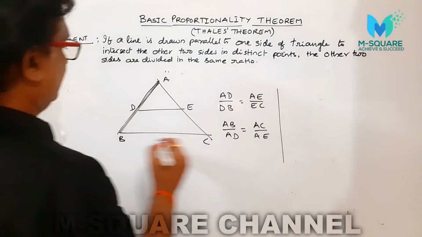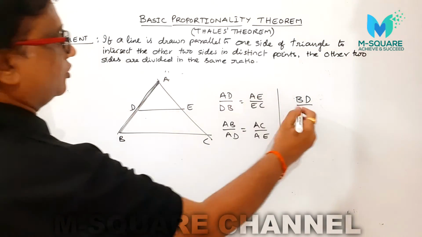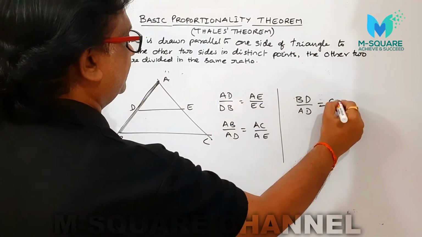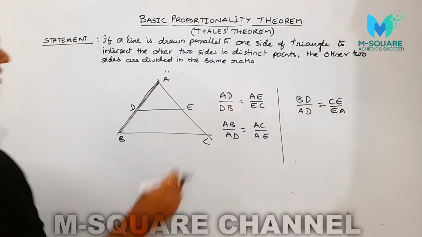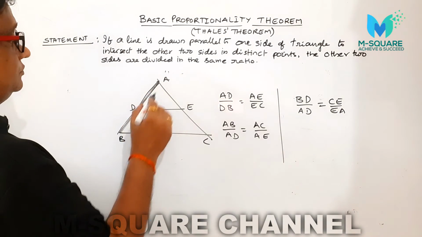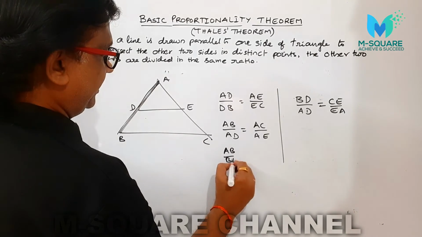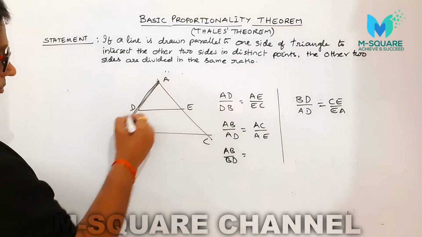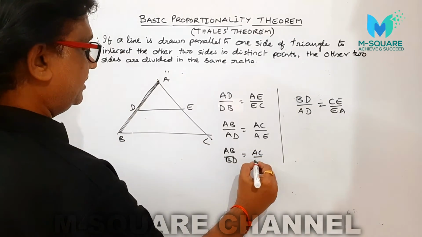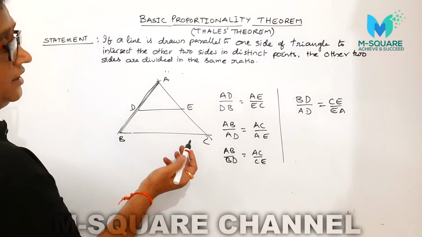And also another one, BD by AD, the reciprocal, so that EC by AE. And also if you take AB by BD, AC by EC, you can take it.